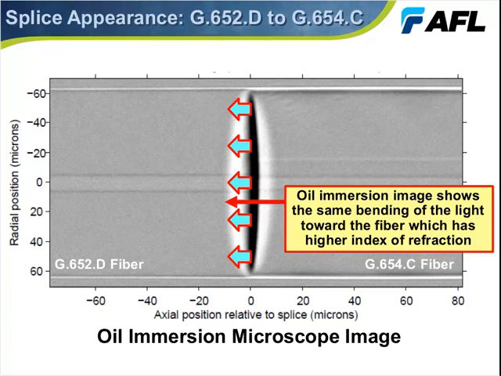And remember what I said before, the light wants to bend towards the higher index of refraction. So since the G654 fiber has a lower index of refraction across its entire refractive index profile, the light where the two fibers come together is dramatically bending towards the standard single-mode fiber.